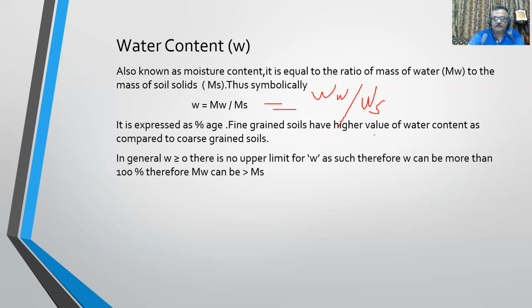Fine-grained soils have a higher value of water content as compared to coarse-grained soils. In general, the value of water content is greater than or equal to 0. There is no upper limit for water as such, therefore w can be more than 100%. Therefore, mass of water can be more than mass of solids.